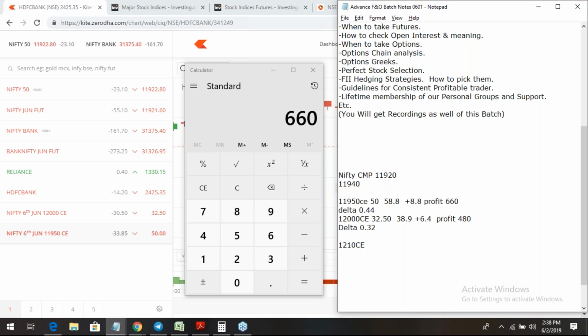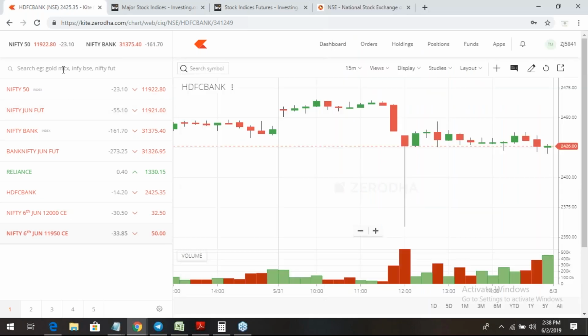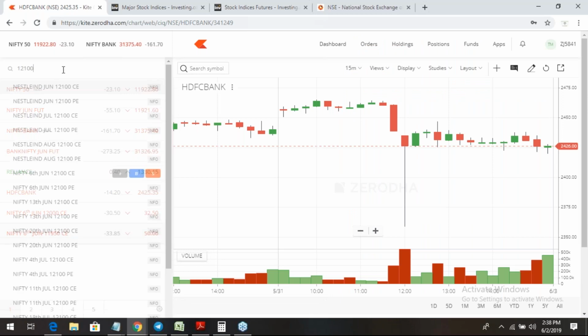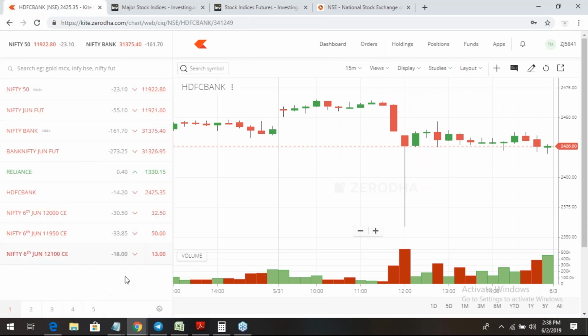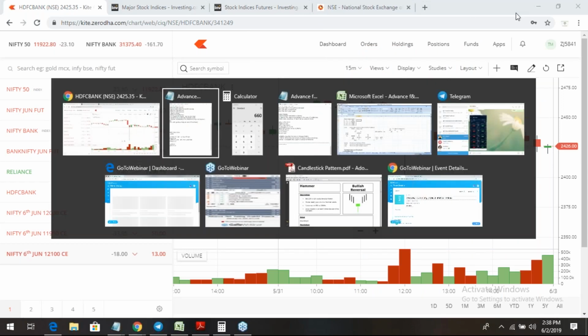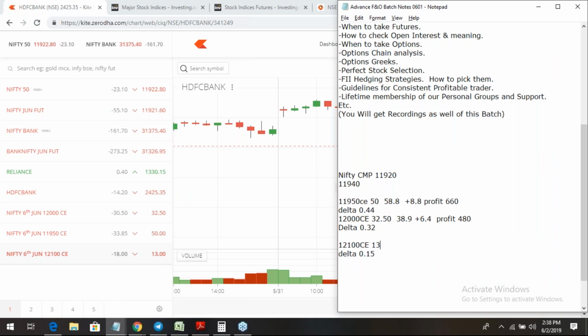The price of the 12,100 call, delta is 0.15. So what is the call rate? The 12,100 call is 13 rupees. Call rate is 13 rupees. It's very cheap. Easily anyone can buy.